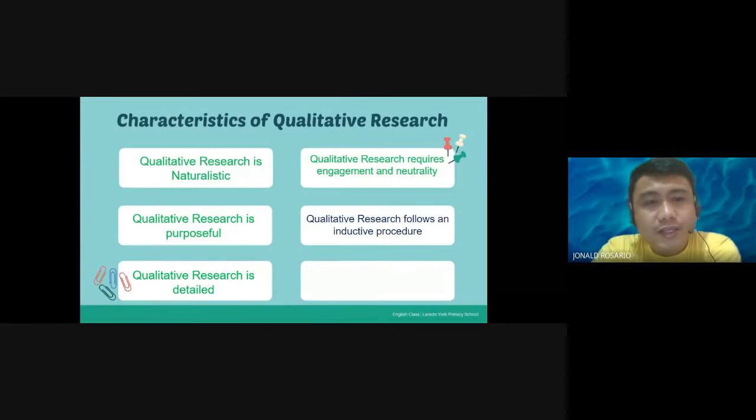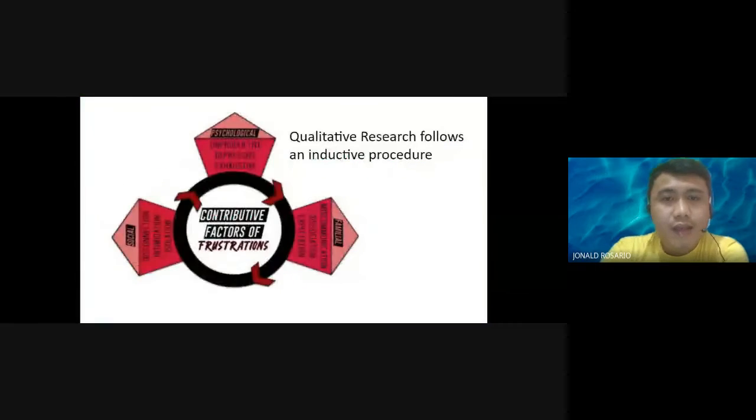Next, qualitative research, class, follows an inductive procedure. Why inductive? Siguro bago sa inyo yung inductive na word, no? Inductive tsaka deductive. If you say inductive, it starts from specific to general. Pag deductive naman, general to specific. Okay?